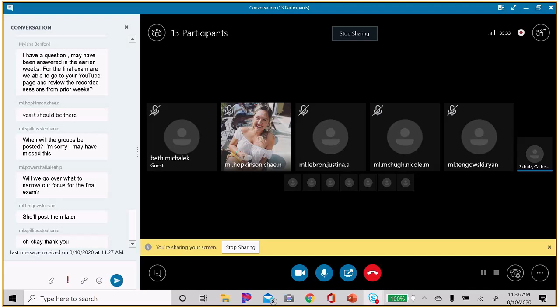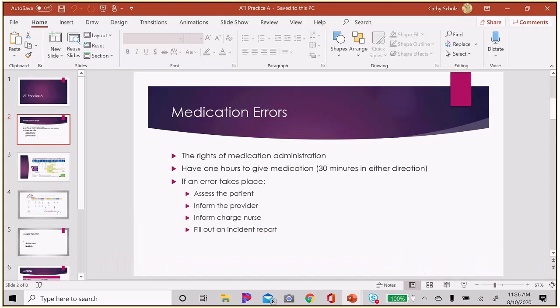You do need to tell the provider right away, but the provider is going to want the most important information related to that medication before you call them. So for the patient who got the blood pressure medication, your first thing to do is assess the patient's response to a blood pressure medication they were not supposed to receive. The answer to that question was assess the blood pressure.